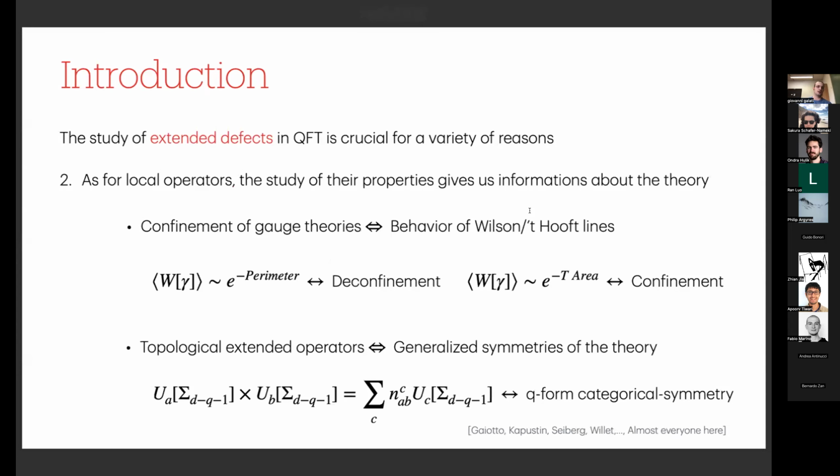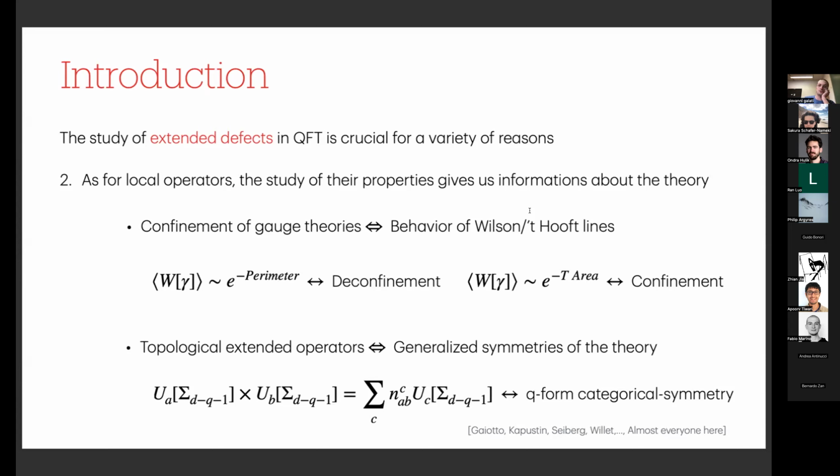There is also another reason why defects are very interesting. Like for local operators, if we study the correlation function of these extended operators, we can extract information about the quantum field theory in general. For example, if you are interested in the problem of confinement, we know that there is a very precise way to define what we mean by confinement.